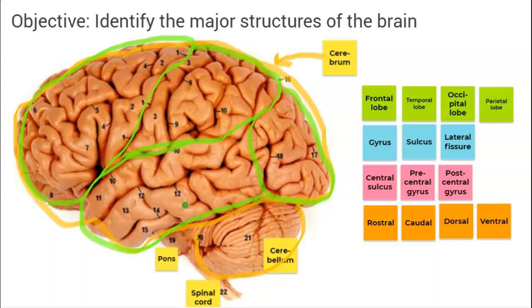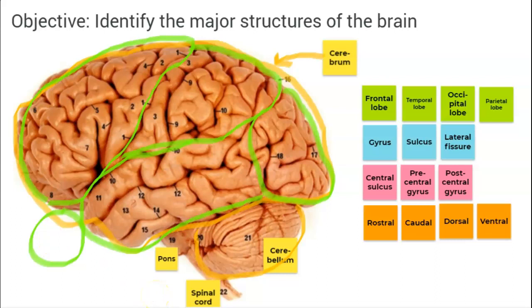And the way that I remember these lobes is F-P-O-T. So if you start at the front, you have the frontal lobe. And just in orientation, the eyes are going to be right here. So this is the front of the brain. This is the back of the brain. This is the top of the brain, and this is the bottom of the brain.